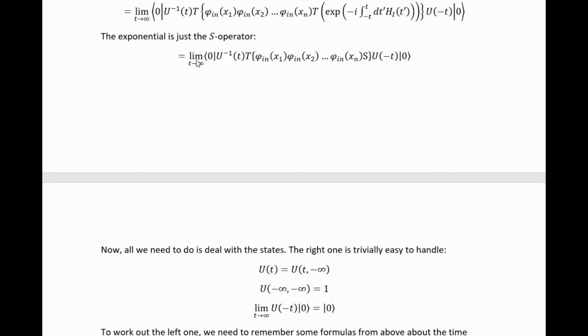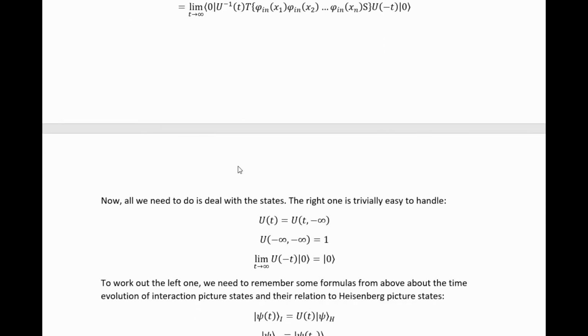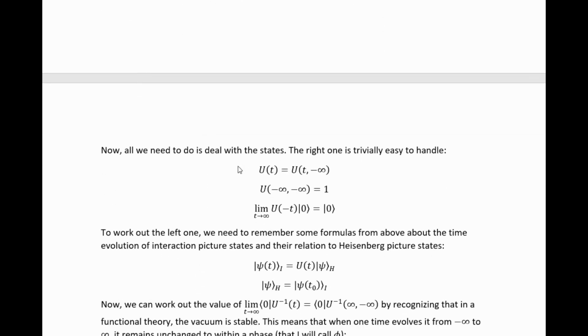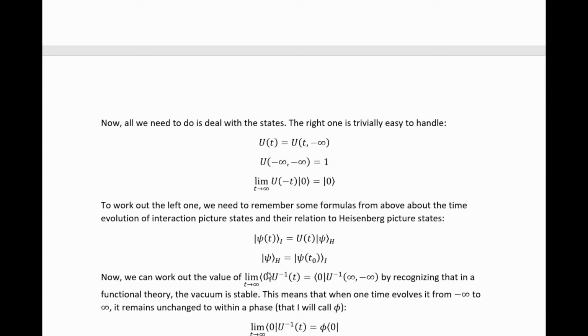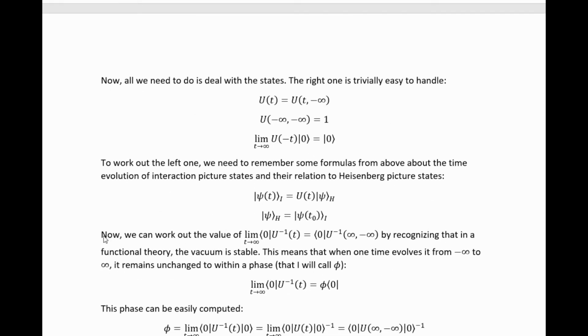Now to work out this left one, we have to be a bit trickier. We need to remember some formulas above for the relationship between the interaction picture states and the Heisenberg picture states. I explained that the Heisenberg picture states are equal to the interaction picture states at the initial time, and to get the future interaction picture states, you need to time evolve off that with the U operator. So with that established, now we can work out the values of this left state acted upon by this U operator by recognizing that in a functional theory the vacuum is stable.